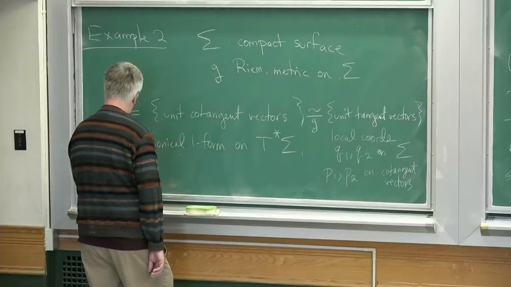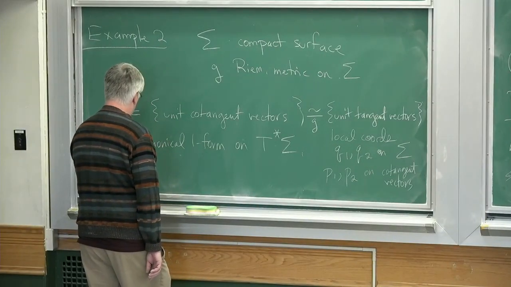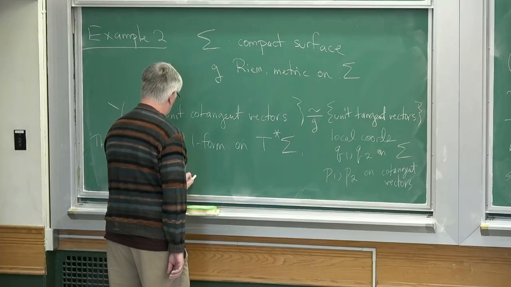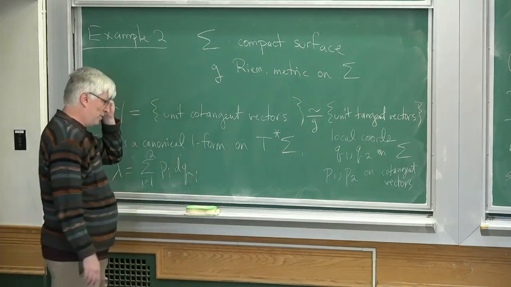Then this 1-form is the sum from i equals 1 to 2 of p_i dq_i. You can also say it in a nice coordinate-free way.